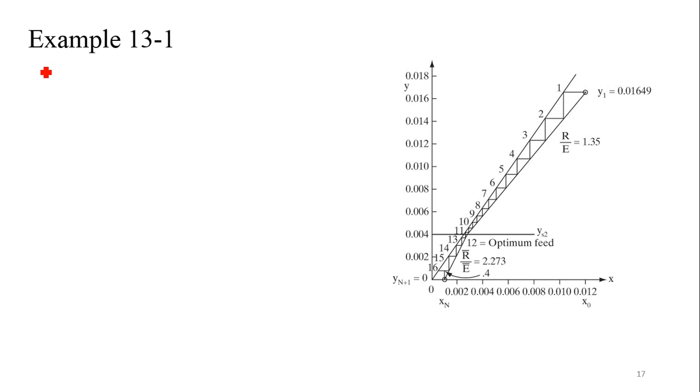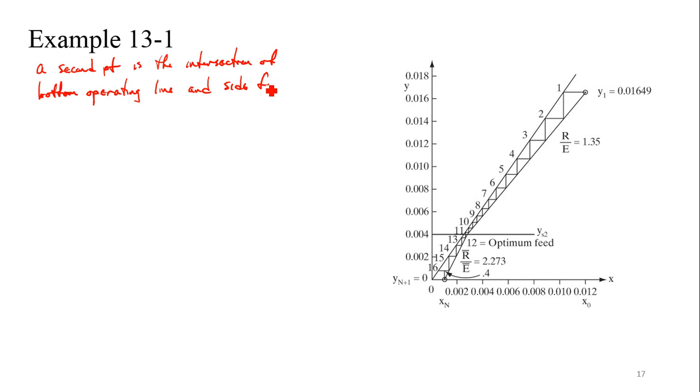We'll call this a second point, the intersection of the bottom operating line and side feed line.